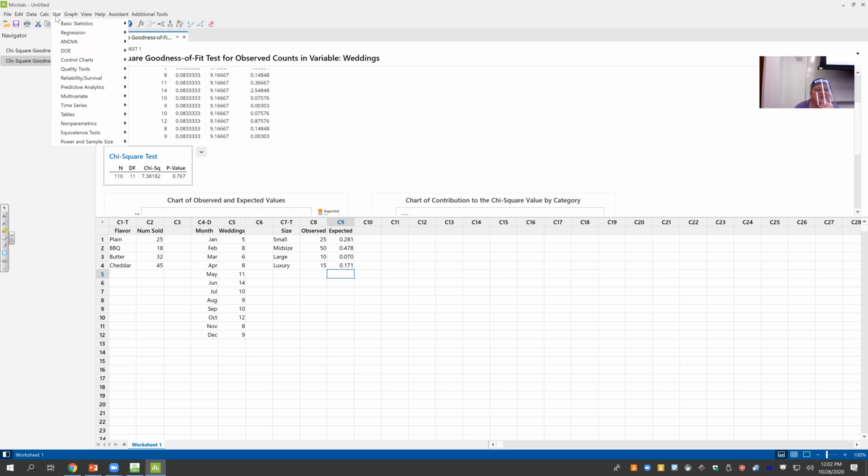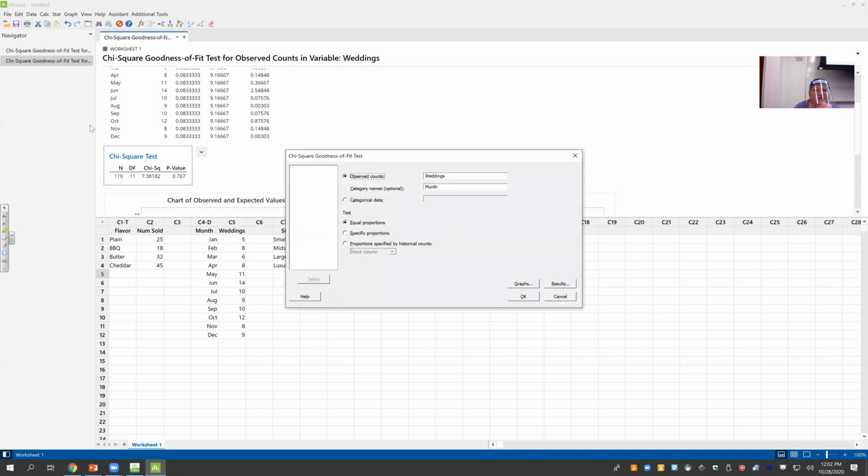All right, then we go back, same commands. Stat, tables, chi-square, goodness of fit, 1 variable. My observed this time are in column 8. My categories are in column 7. But now, notice I don't have equal proportions. Now I want proportions specified by historical counts.